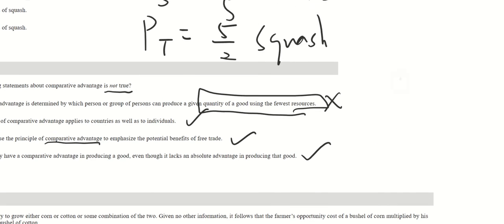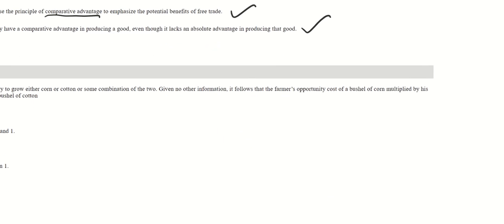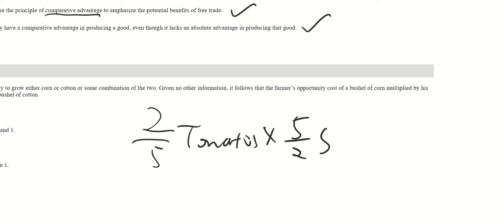If we use the example we used before, let's say squash and tomato, right? So we have 2/5 tomatoes times 5/2 squash, and this equals what? 1, right?